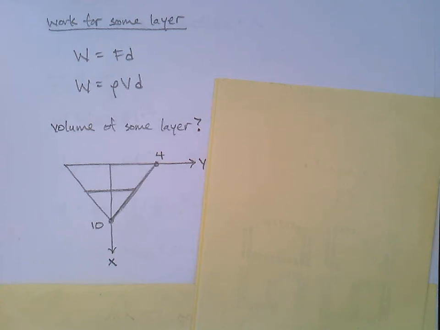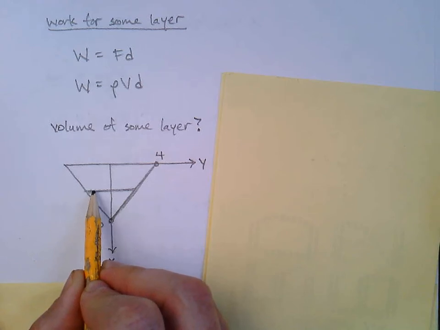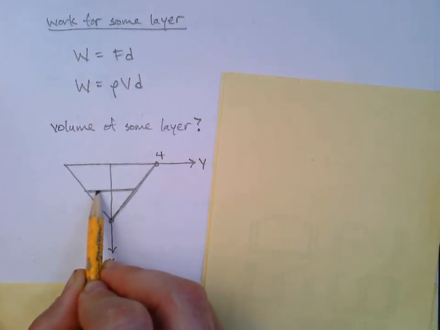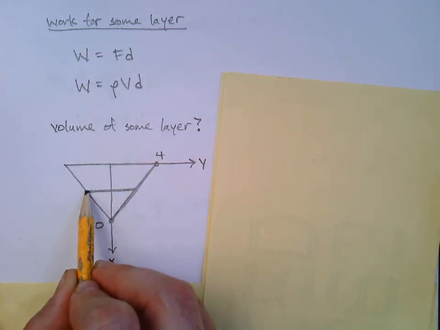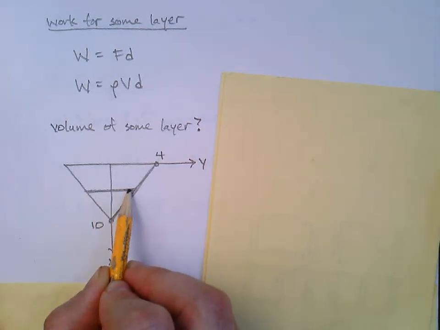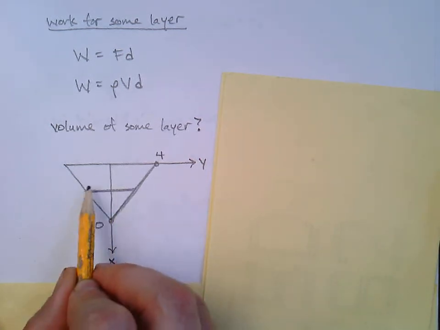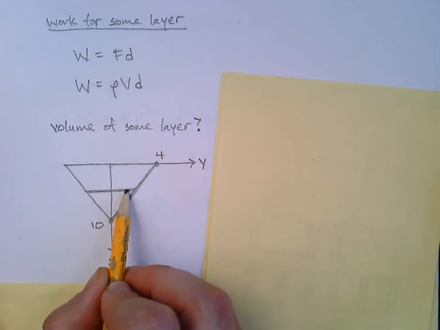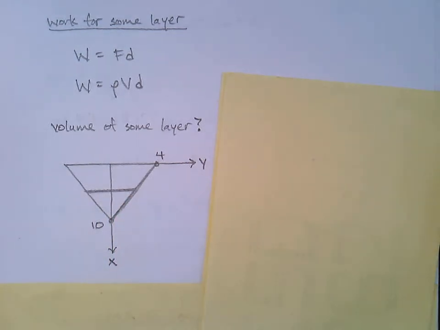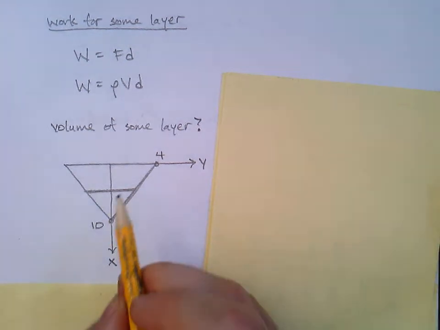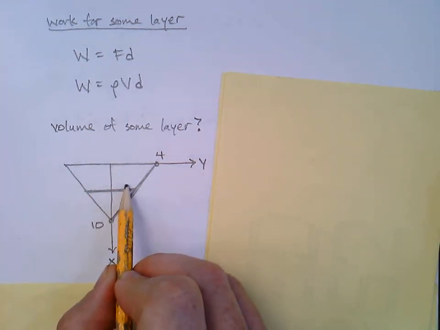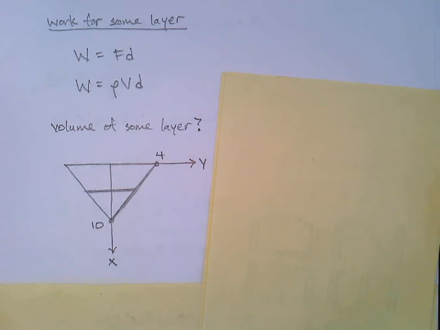Now notice there's some symmetry. Actually, before we go on, what is that line there again? That is the volume, or like that's a layer of water, I guess is what I'm trying to draw. So that could be anywhere, but that's just some layer of water inside the tank. Okay, now notice there's some symmetry here, right? The left and the right side are the same size.